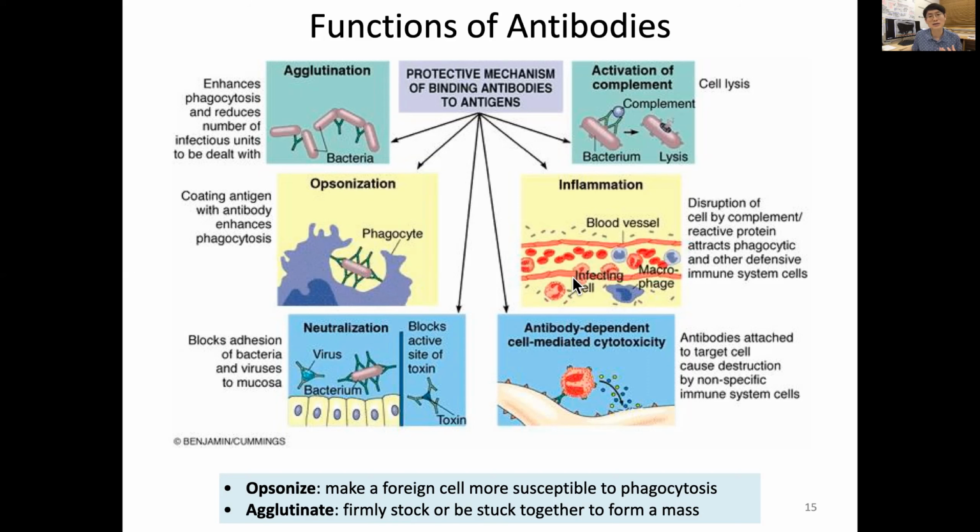And the last one is the so-called antibody-dependent cell-mediated cytotoxicity, or sometimes we call it ADCC. What it means is that some of the target cells, when antibody attaches to them, will actually cause our immune system to recognize and kill the cell.